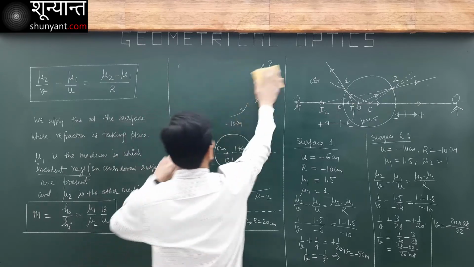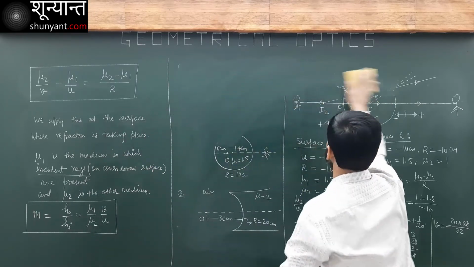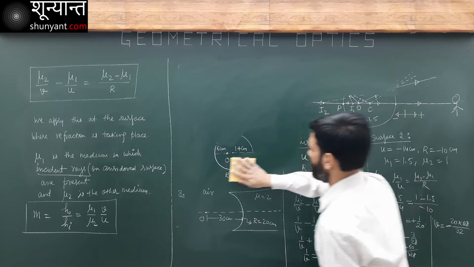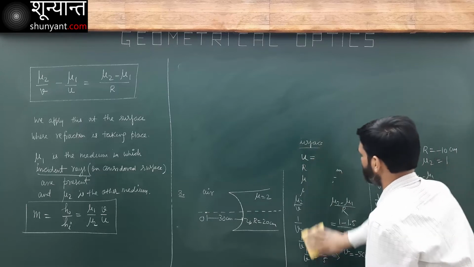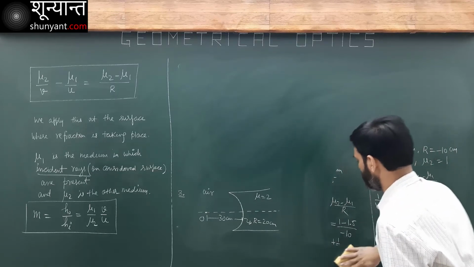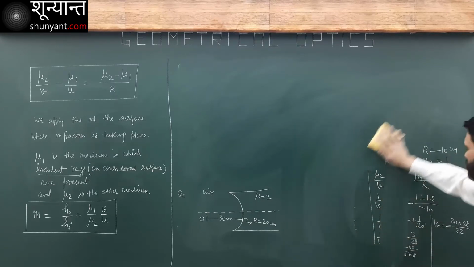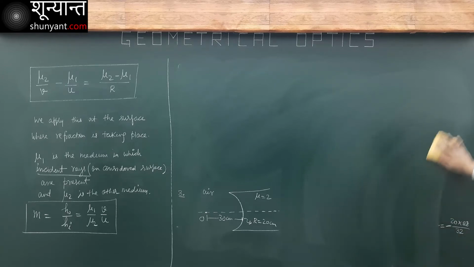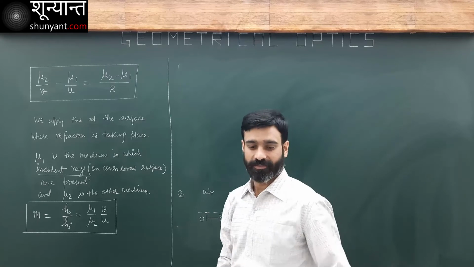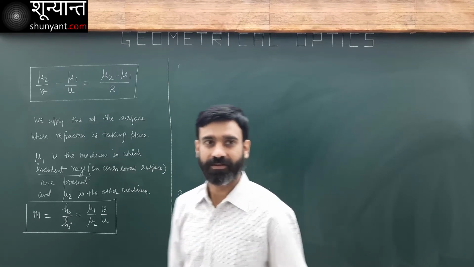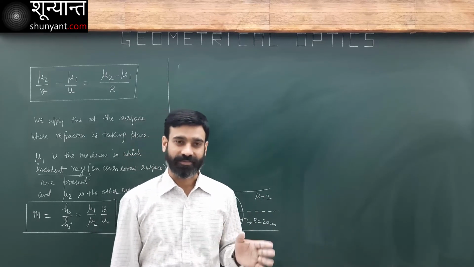What about the third one? Third problem. Do it yourself. Can you get the answer correctly in your first attempt? That is the most important thing: getting the answer in the first attempt.